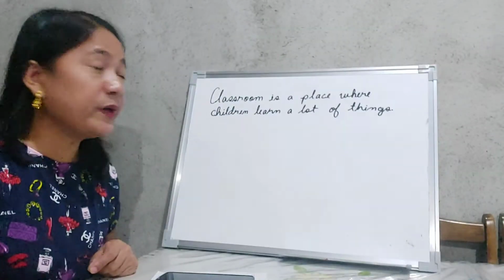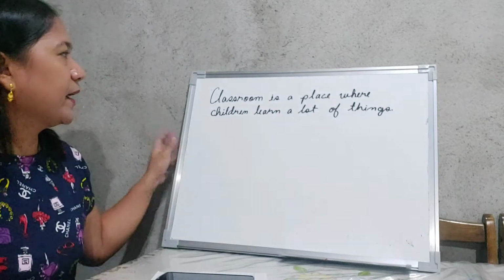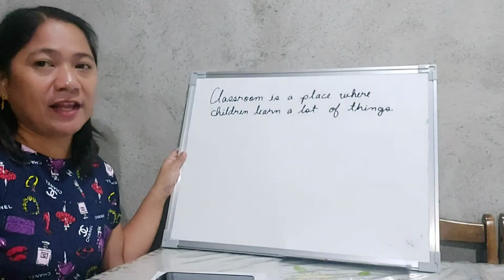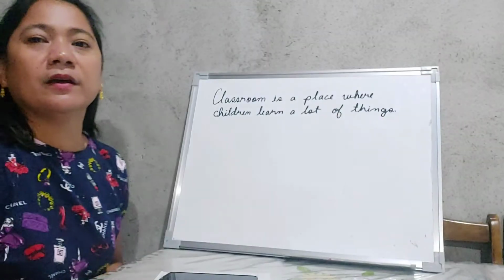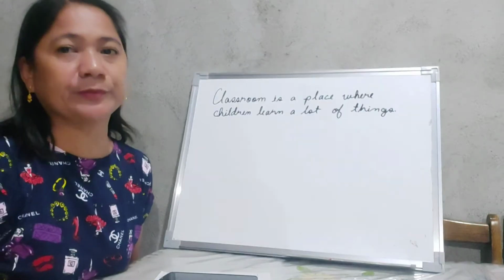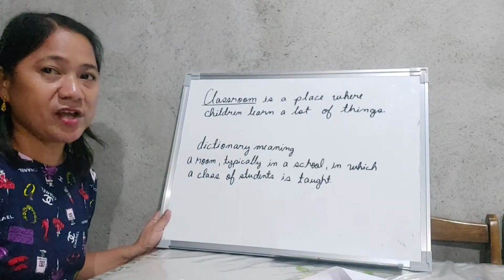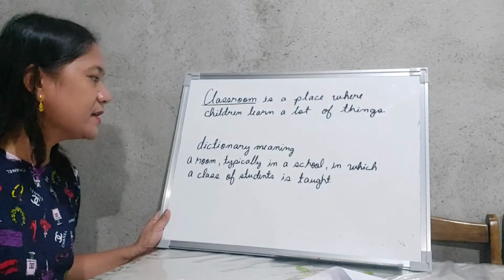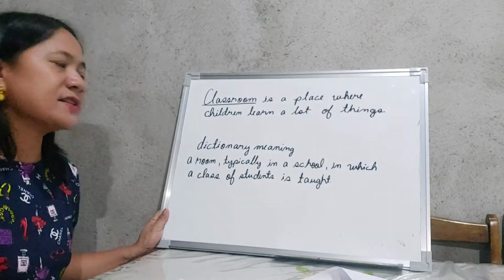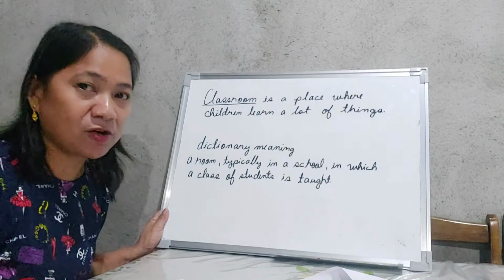Can you help me to read the sentence on the board? Classroom is a place where children learn a lot of things. The word that we're going to find the meaning of is the word classroom. In the dictionary, the meaning of classroom is a room, typically in a school, in which a class of students is taught.